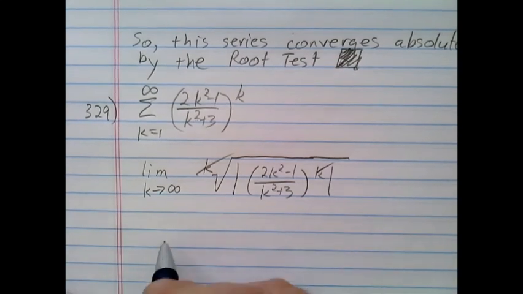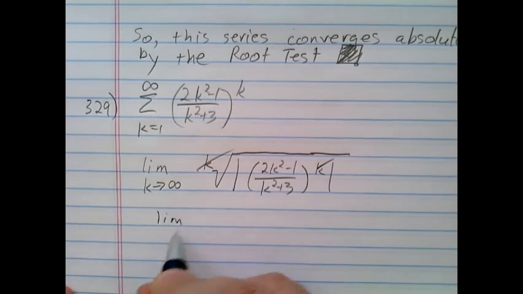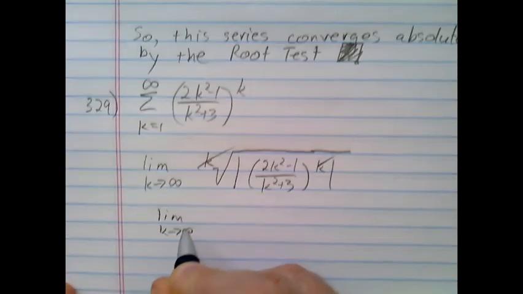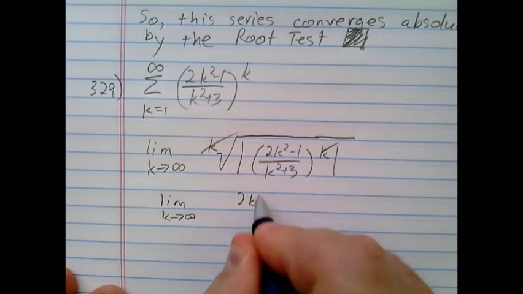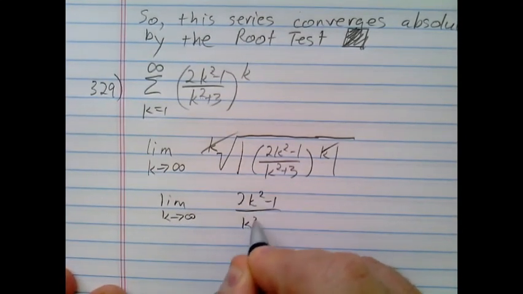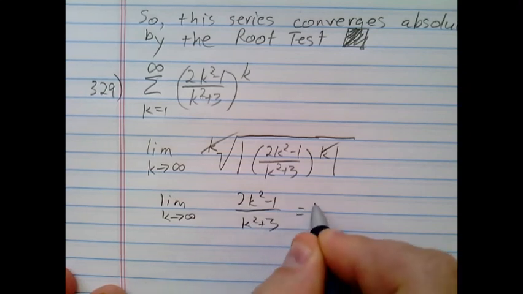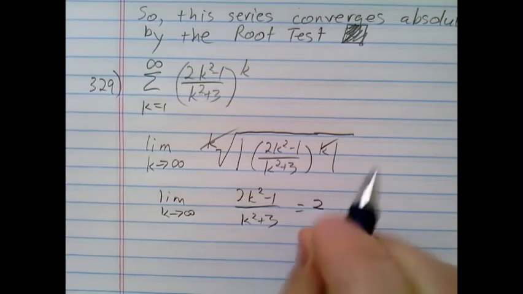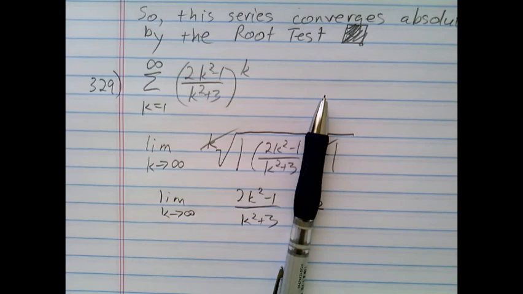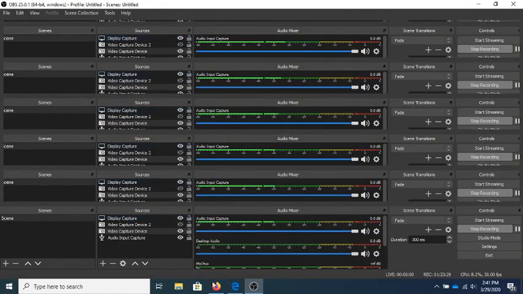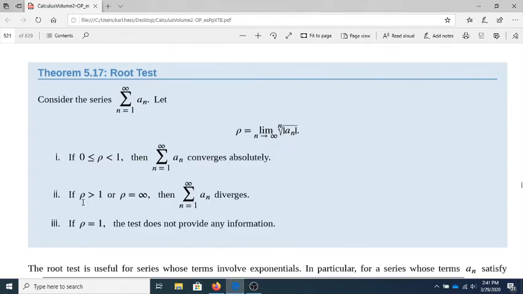And so I just get the limit as k goes to infinity of (2k squared minus 1) over (k squared plus 3), which is 2. And again, if I look back at my root test, it says if you get a limit that's greater than 1, your series diverges.